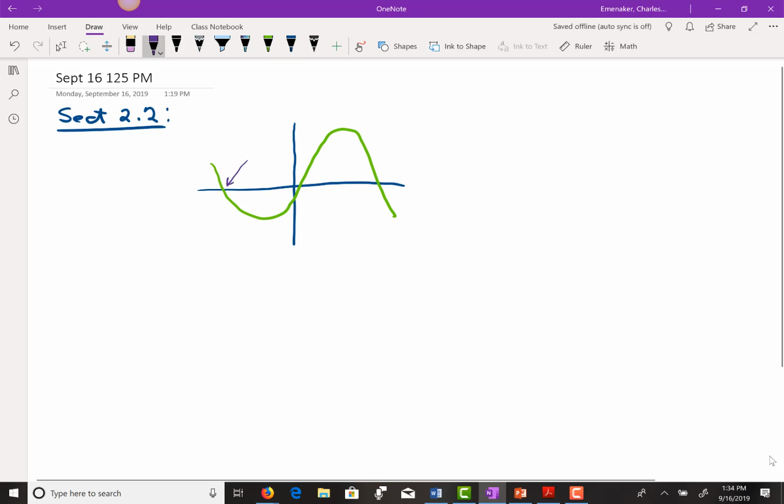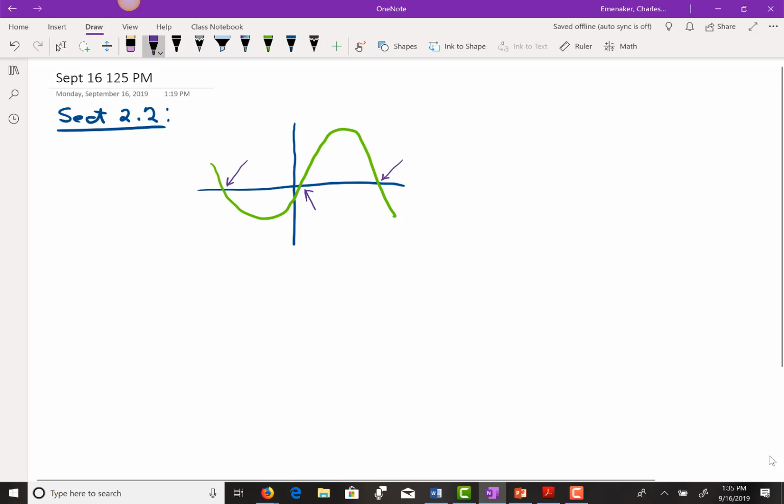Roots are values where the function intersects the x-axis. Very important to keep in mind, if it's intersecting the x-axis, the value on y is 0.